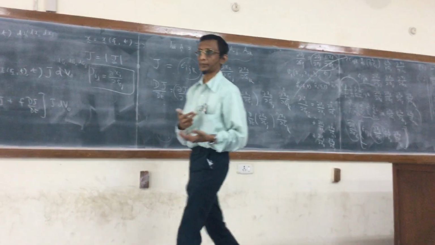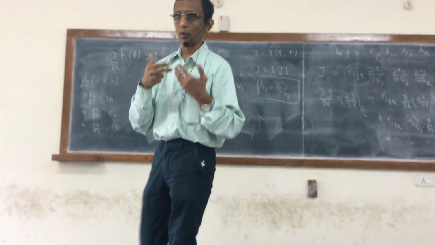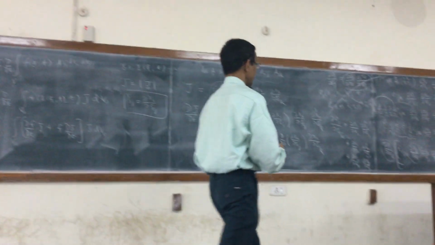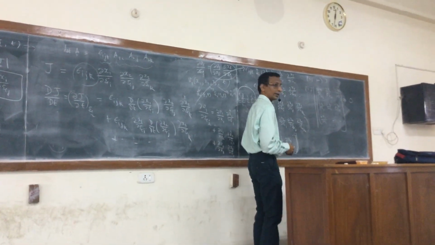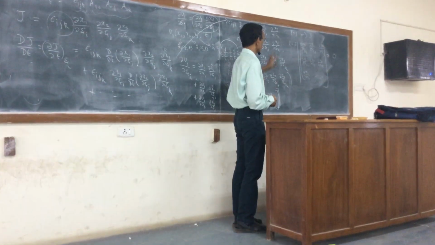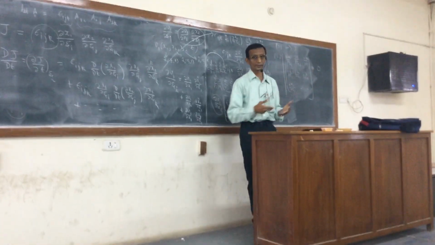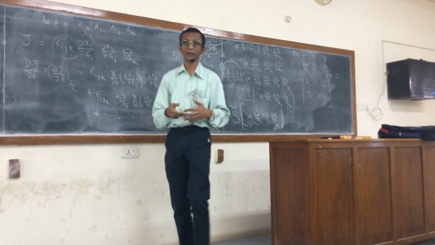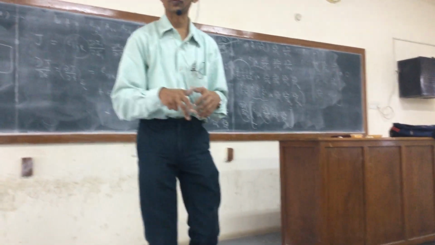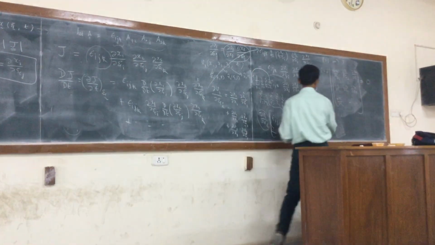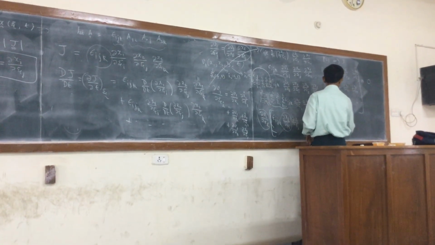You can then easily infer that for L equal to 3 also the value of epsilon ijk dx3 by d psi i will be 0, because in that case this would take place by the third row. Because in the first case the first two rows will be identical, in the second case the first and third rows would be identical. So L equal to 3 also this would be 0.